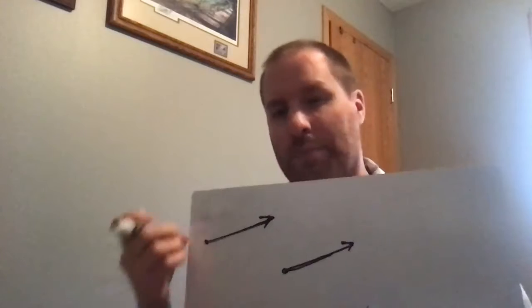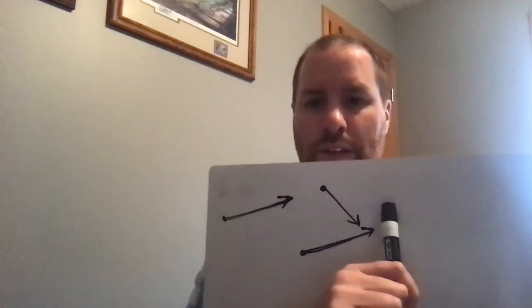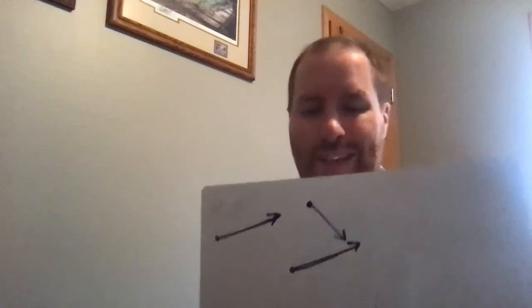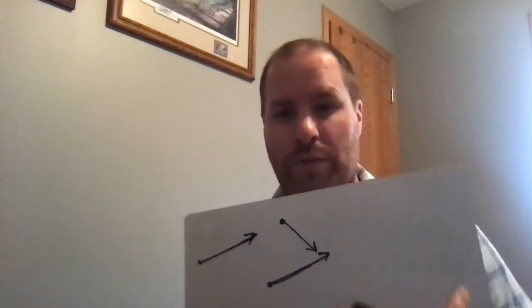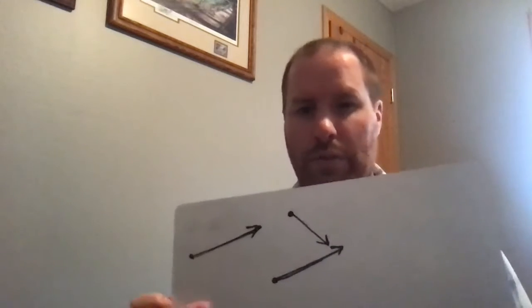Even though they're in different positions, they're still the exact same thing, right? If I were to draw one going, maybe a different direction, now this one here, that one is a different vector. So two of them are the same. First two I drew, the third one is not an equivalent vector. It doesn't have the same magnitude and direction.